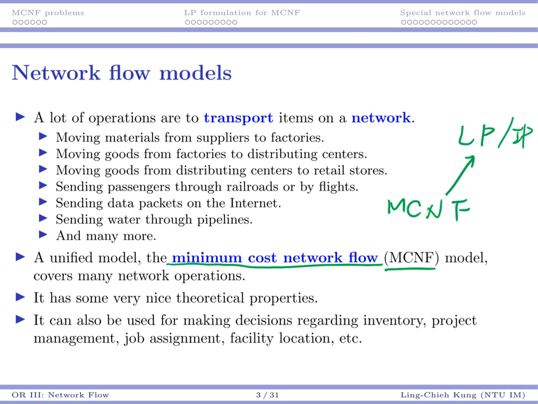We will show you that MCNF has a very nice property, which says that once you formulate this problem and set all the variables to be integer, once you use branch and bound or use whatever method to solve it, you will always see the linear programming relaxation gives you integer solution directly.